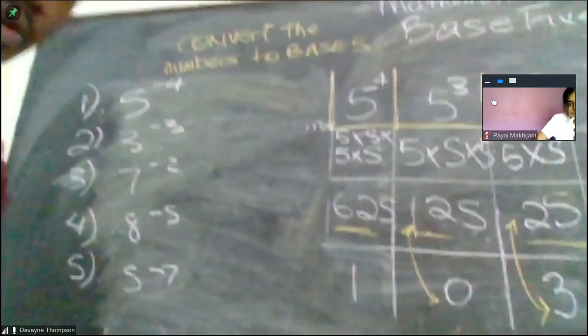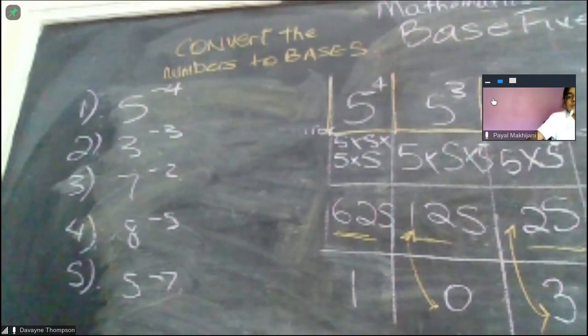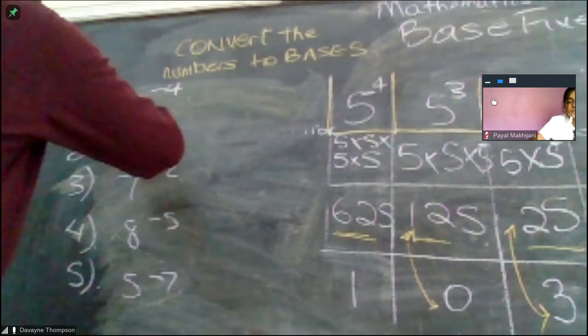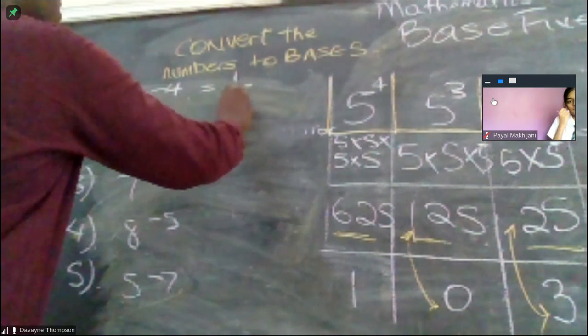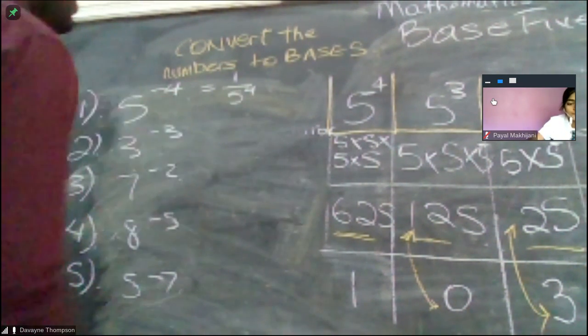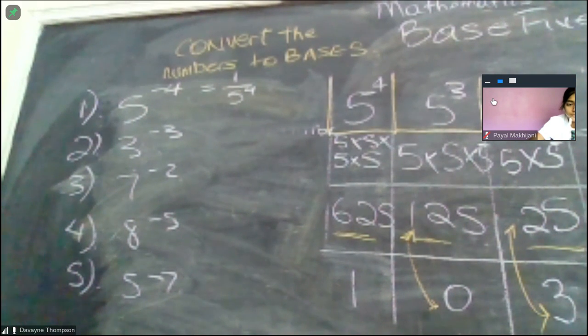You're going to work out these values like you saw me doing a while ago. Firstly, let me do the first one for you. You're going to say 5 to the negative 4 is the same thing as 1 divided by 5 to the 4. And then you're going to find what 5 to the 4 is. Understand?